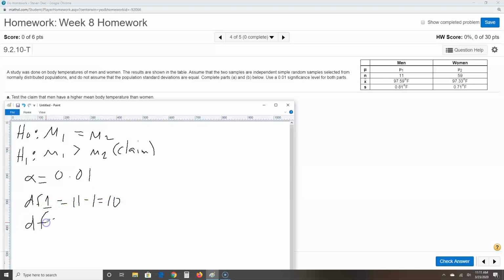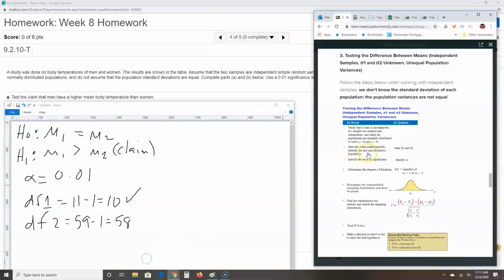Degrees of freedom 2 will be for the women, and there were 59 women, so 59 minus 1, that will be 58. Which one is the smallest? 10. So that's going to be my degrees of freedom that I'm going to be using the rest of the way. Okay, and I did step 4.